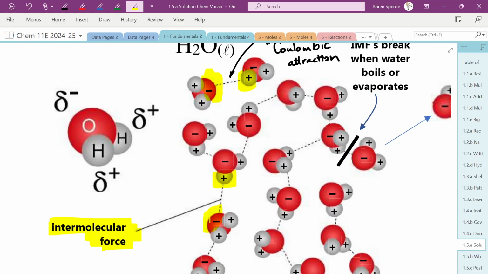Why does water stay in a puddle rather than completely spreading out as far as it can?